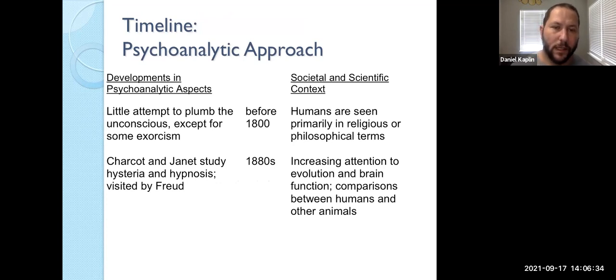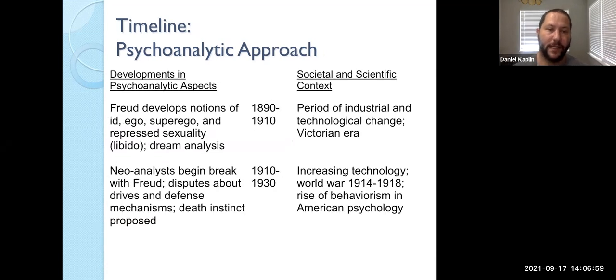Now, in terms of the psychoanalytic process, before the 1800s there was a very strong emphasis on religion and philosophy. By the 1880s, with Charcot and Freud, they started to focus on the development of the brain and comparisons between human and other animals. And then they started to focus on the unconscious, right?